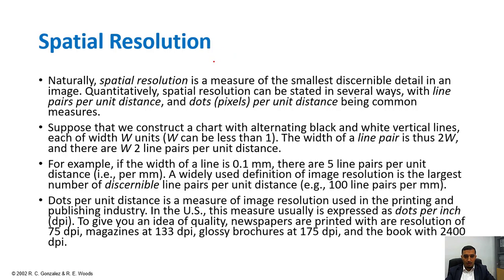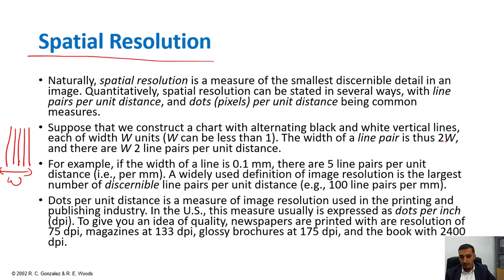Now we are going to talk about spatial resolution. We have two types of resolutions. One of them is spatial resolution. Basically, spatial resolution is the number of pixels per unit of distance. Suppose that we are constructing a chart with alternating black and white vertical lines, each of width W, where W can be less than 1.